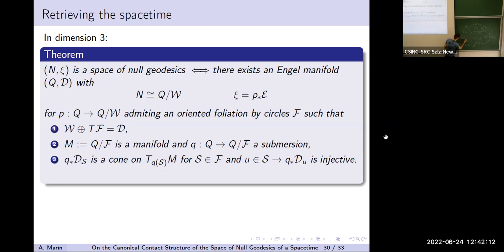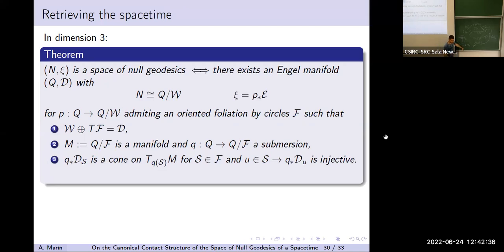We call this point Y. So I have the Engel plane here at Y. And I can ask, okay, what happens if I take the push forward of this plane under the projection? Well, by point 1, the tangent space to the circle is going to be inside of this plane. And when I take the push forward, that direction is going to be killed.